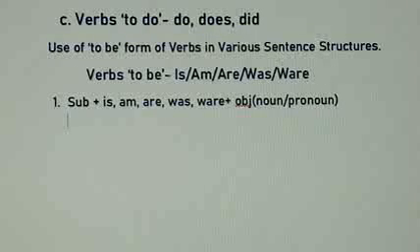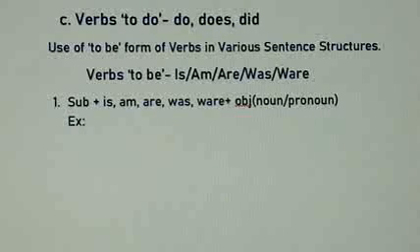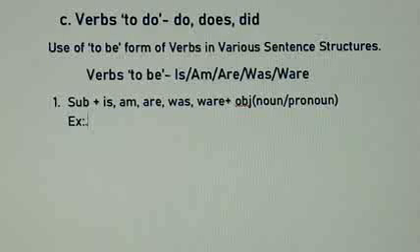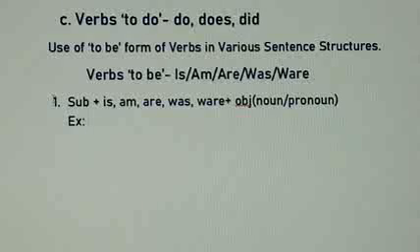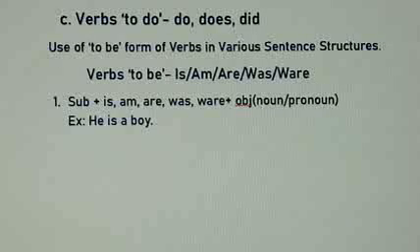Let's see some examples. After that, it will help you to understand the given structure very properly. He is a boy. He is a boy. Okay. Dear children, he is a boy. In this structure, he is in the place of subject.